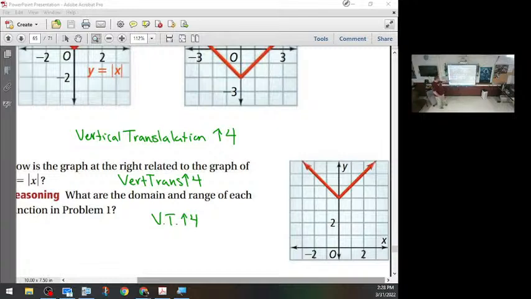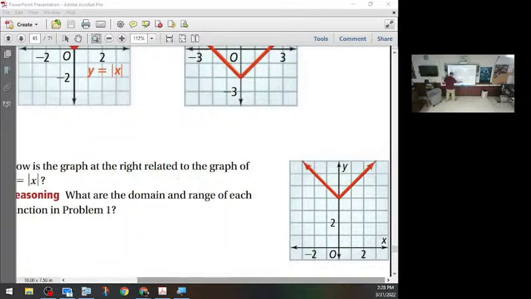It asks, what are the domain and range? Do you remember those from all the way back? What was that? The beginning of this semester? Domain and range. Does anyone remember what domain means? Or could look at the beginning of chapter 4. It's input output.